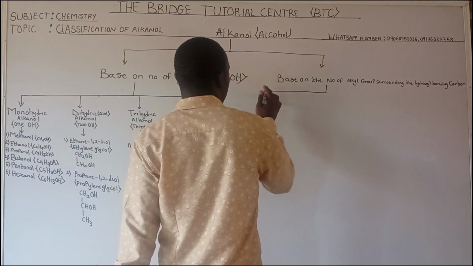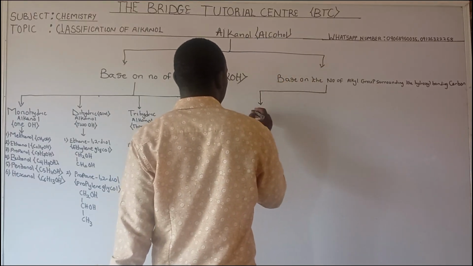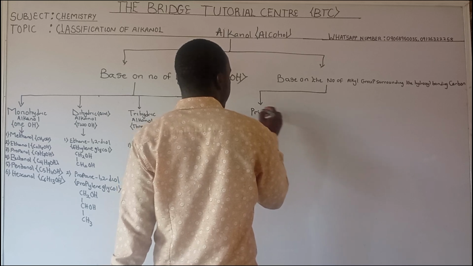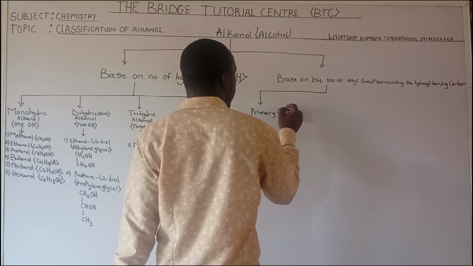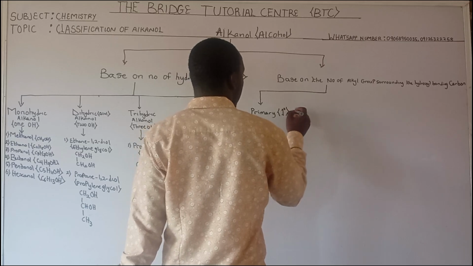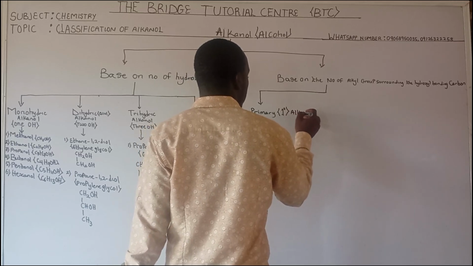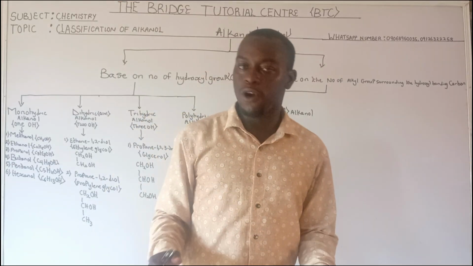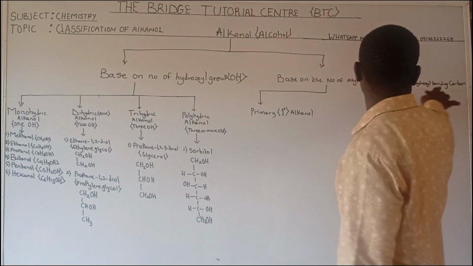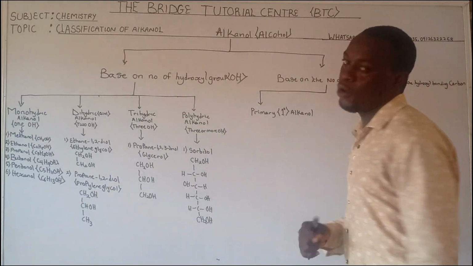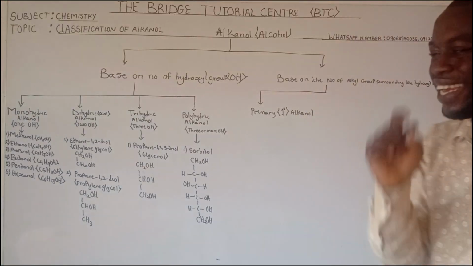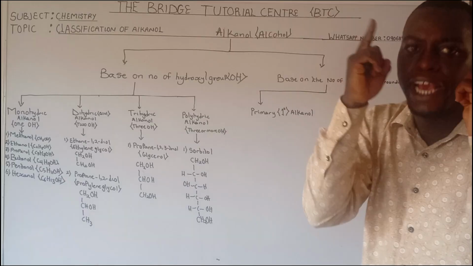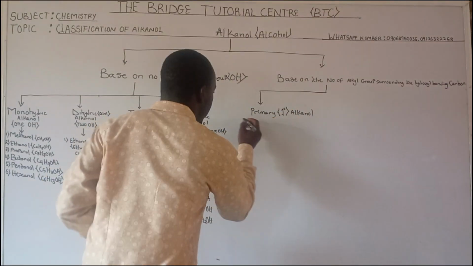We have the primary alkanol, our first degree alkanol. So that's our first one. And what is primary alkanol? They are the alkanol whose hydroxyl bonding carbon is being attached to only one alkyl group.